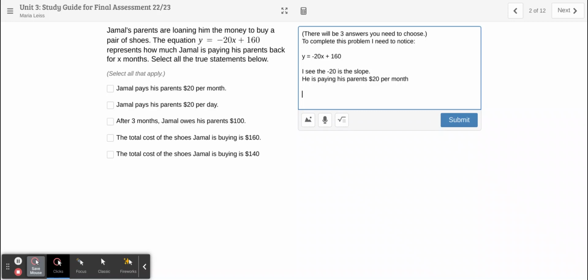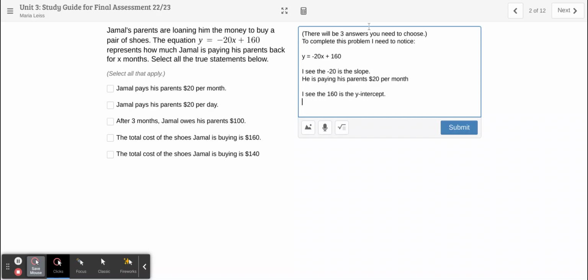All right, next, I see the 160 is the y-intercept. I know that from looking at a word problem, the y-intercept is found because it's the starting value or the total amount, right?